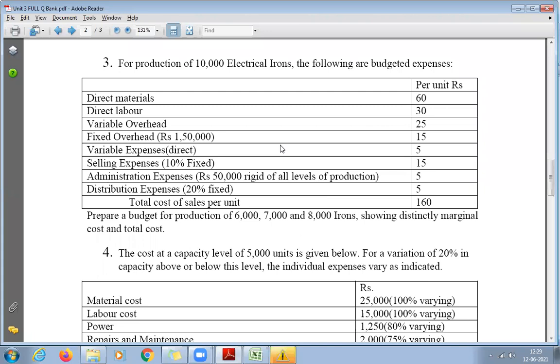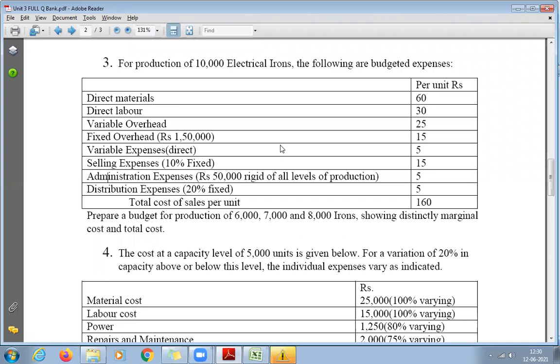Fixed, sir. Yeah, how do you know that? Rigid is there. 50,000 rigid. Yeah, it is given in the bracket. What is rigid? 50,000 is rigid for all levels of production. Whether you're producing 10,000 units or you're producing 6,000, 7,000, 8,000. So it is a fixed cost.